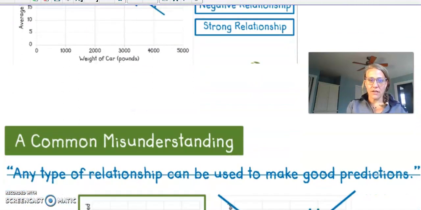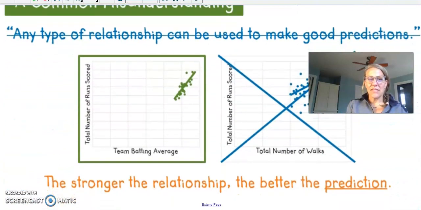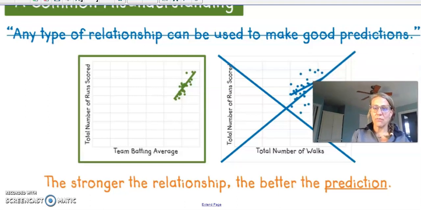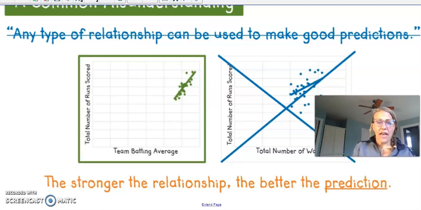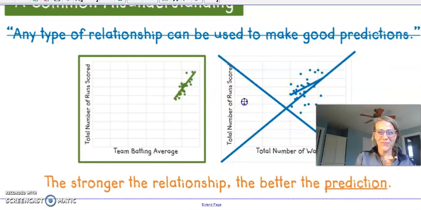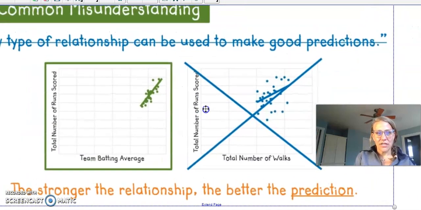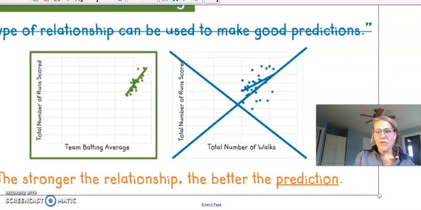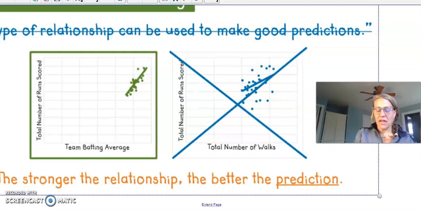All right, so a common mistake here is thinking that any relationship is going to help us make good predictions. If you look at a couple of these graphs, you'll notice that this data is very close to this line of best fit.